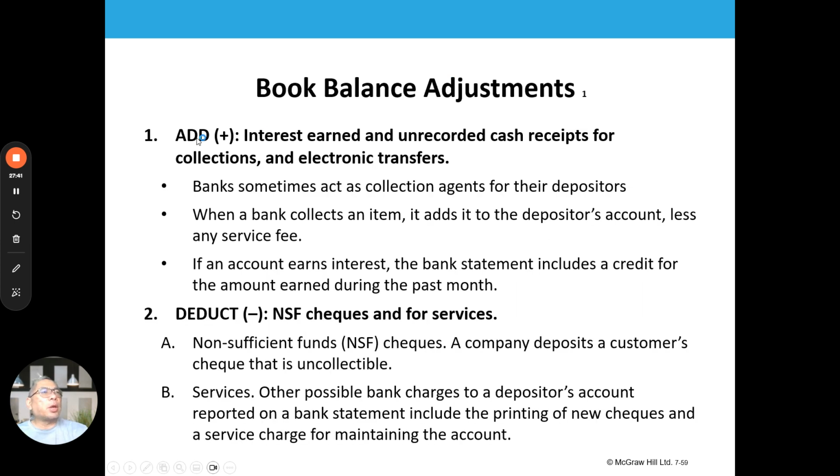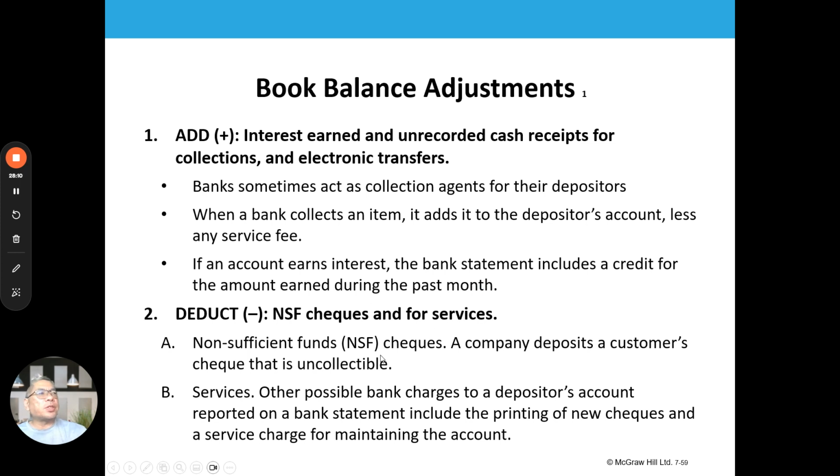Book balance adjustments. You can also add interest earned, unrecorded cash receipts for collections, and transfers. Why? Because the bank sometimes acts as a collection agent for its depositors. When the bank collects on a note, it adds to the deposit account less the service fee. If the amount earns interest, the bank statement includes the credit for the amount earned during the past month. Also deduct the NSF checks and service charges.